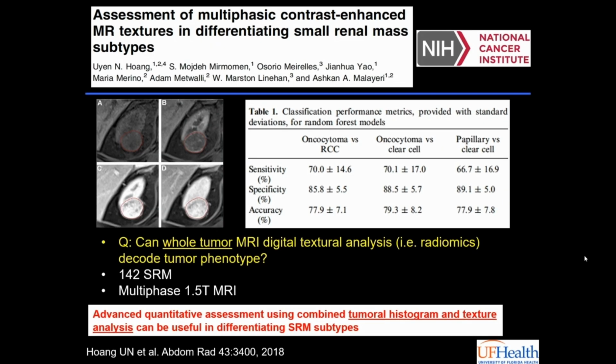Now, so we talked about looking at small areas of CAT scans or MRIs. How about if we took the entire tumor and looked at the entire texture, if you will, of the tumor? And so this is the concept of MR textural imaging, okay?